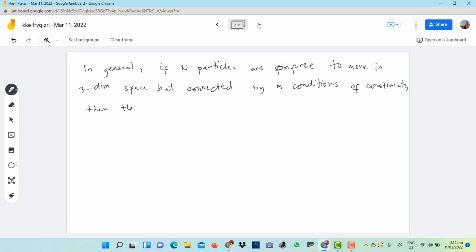Then there exists, kabalo na tani, no? There exists n, which is equal to 3n minus m, where n is the number of independent generalized coordinates.